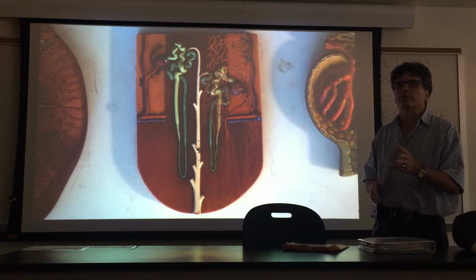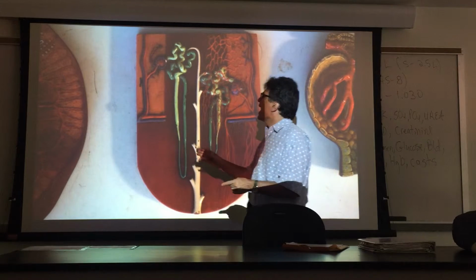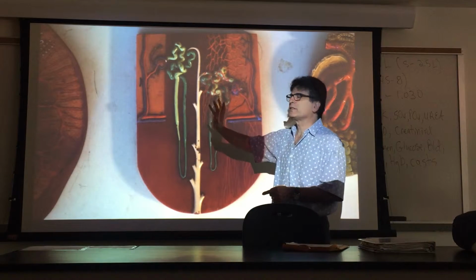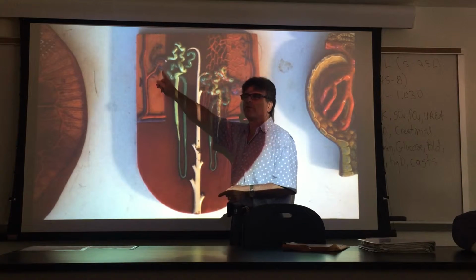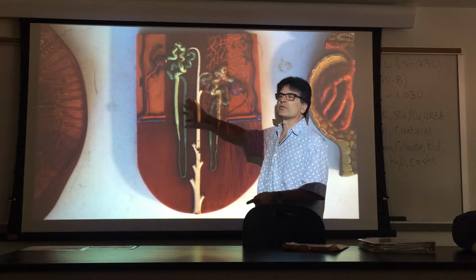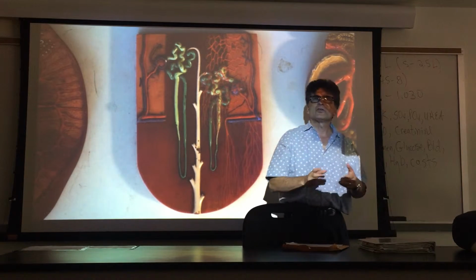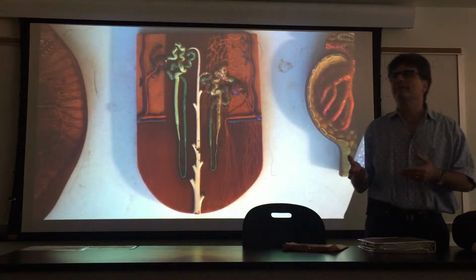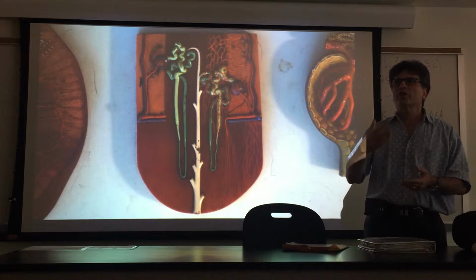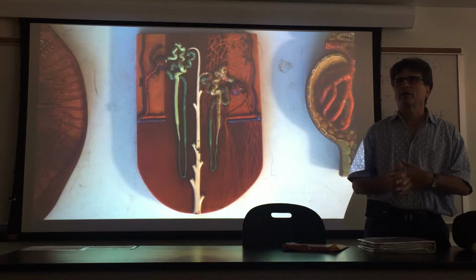So all but 1% of the filtrate is reabsorbed. And then there are some substances that never made it into the filtrate that we want to make sure we get rid of. They wind up being secreted into the tubules. So the tubules serve to either reabsorb needed nutrients or secrete metabolic wastes that didn't make it into the filtrate.